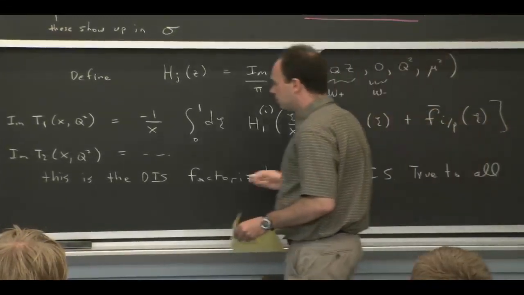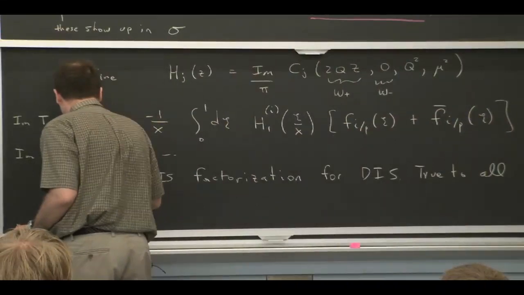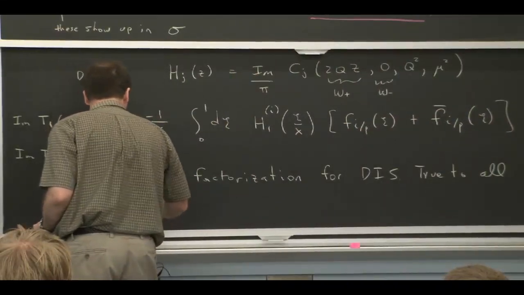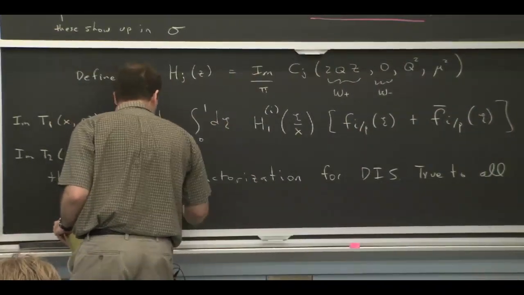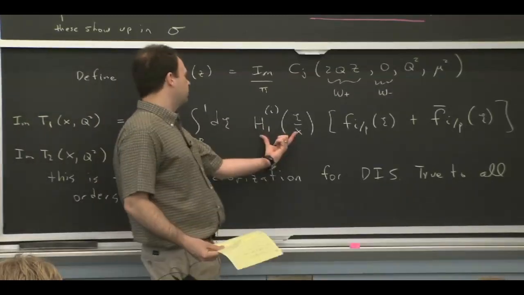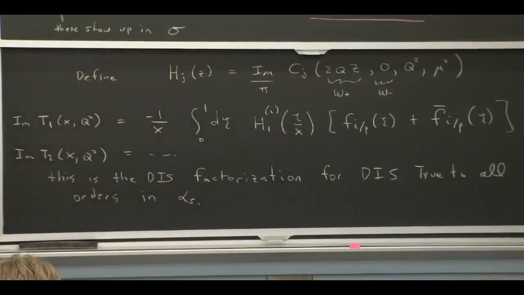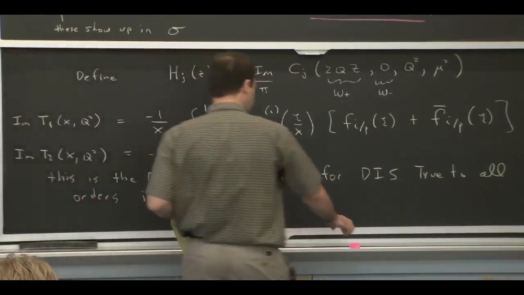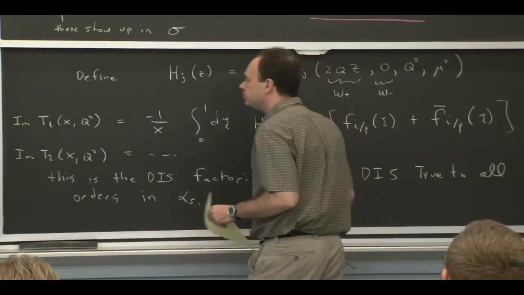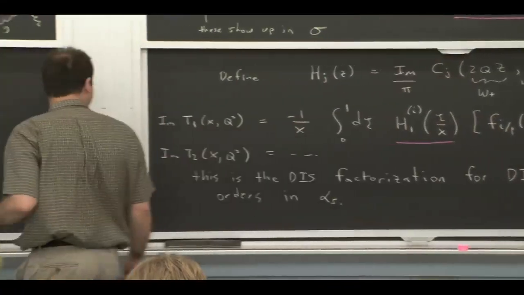So any alpha S corrections that one might want to add will fit into this formula and just give a perturbative result for this H, which you would compute in perturbation theory, which people do up to 3-loop order these days.